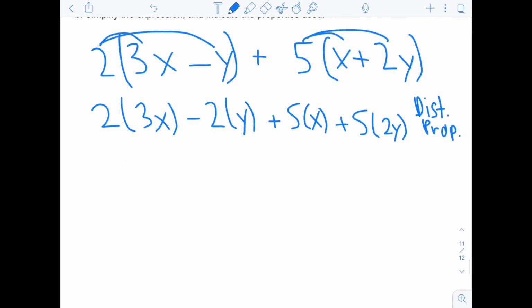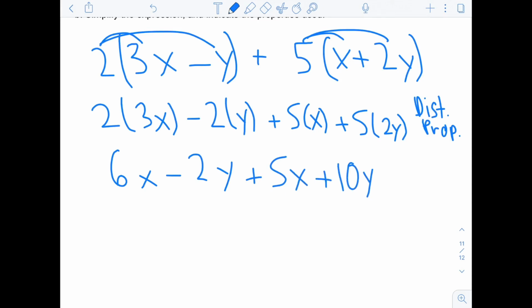Now we can clean it up a bit and multiply. So 2 times 3x is 6x, and 2 times y is 2y, and 5 times x is 5x, and 5 times 2y is 10y. So there we just use multiplication.